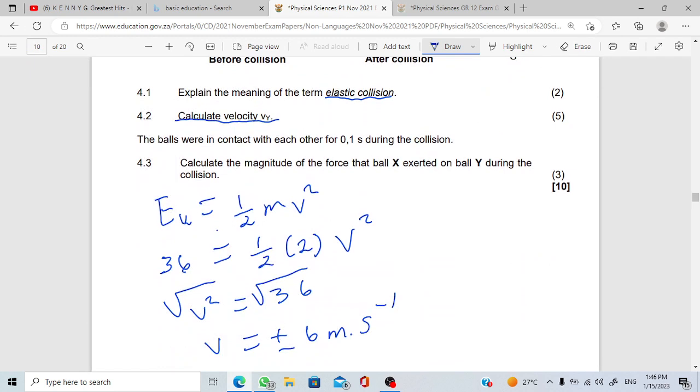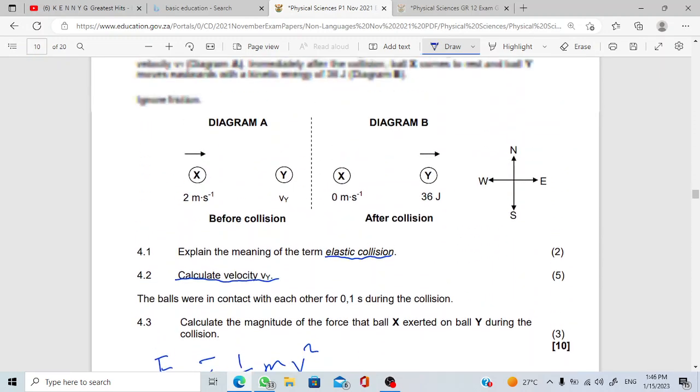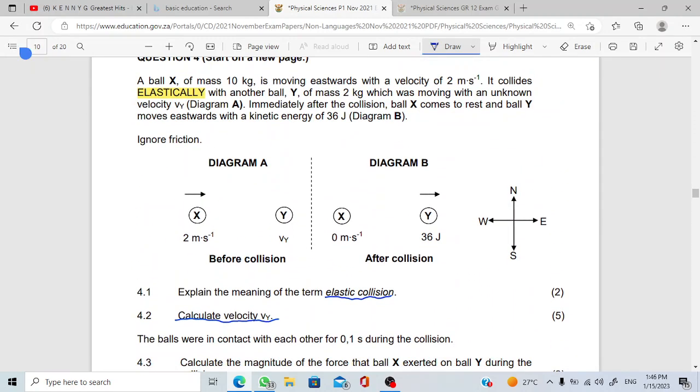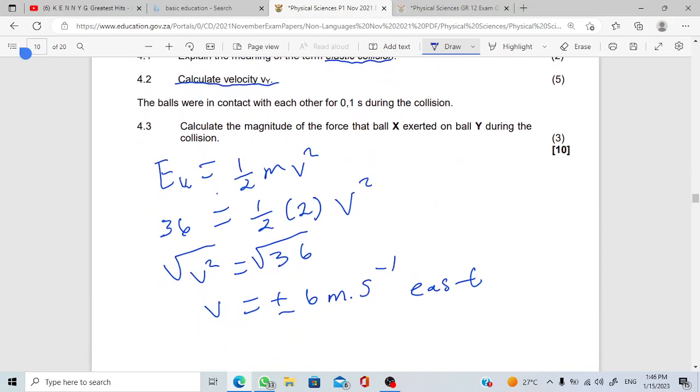Looking at that arrow, we know that it's going east, and you were also told that after collision ball Y moves eastward with this kinetic energy. So the plus or minus is not necessary, it's only the positive value because we're given the direction.